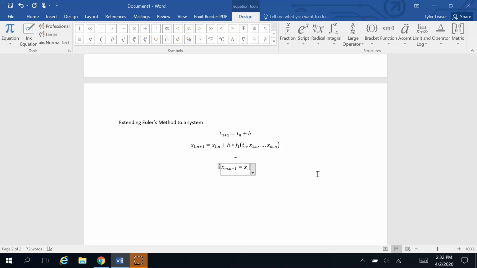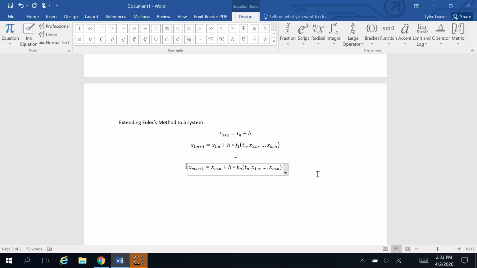That would be equal to the mth function at the nth step plus the step size times f sub m of the independent variable t sub n, the previous t value, the previous function 1 at the nth step, all the way down to my x sub m at the nth step.